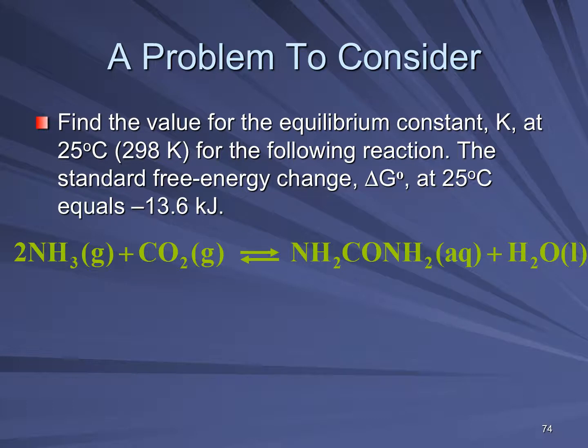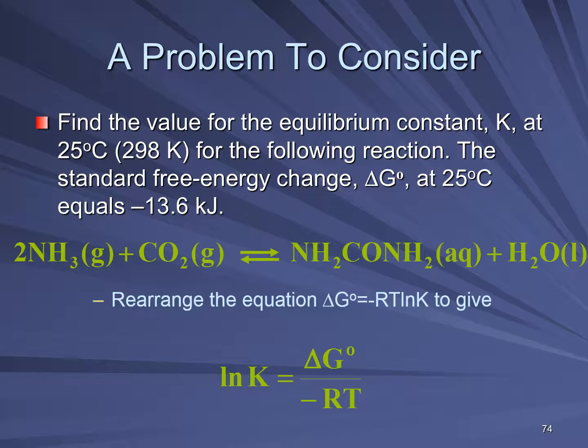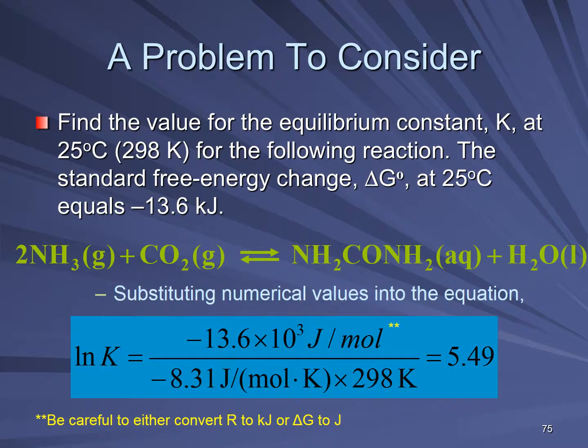It's negative, so we expect K to be larger than 1, and let's see what happens. So we can rearrange the equation. Delta G equals negative RT times the natural log of K. Since we're looking for K, we've got the natural log of K, and we divide both sides by negative RT. So if you substitute the numbers in, you want to be really, really careful.